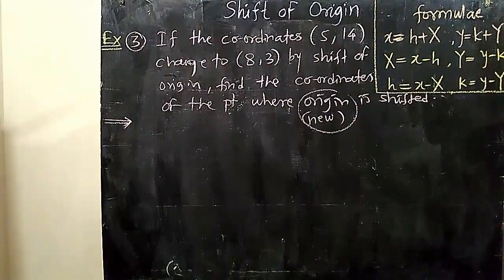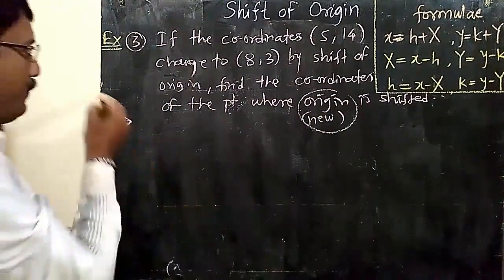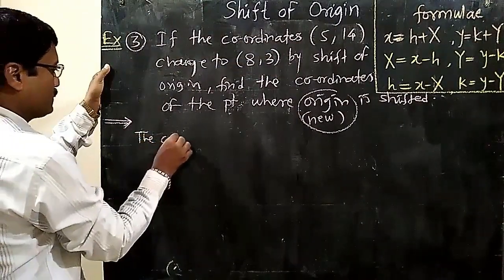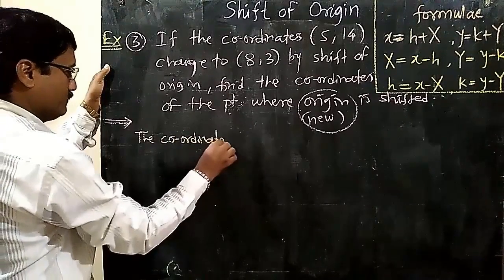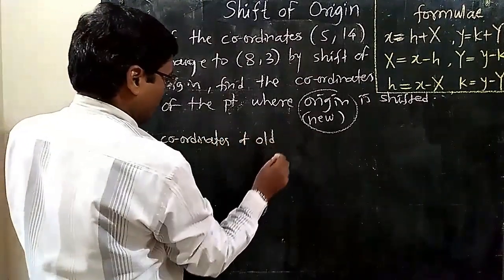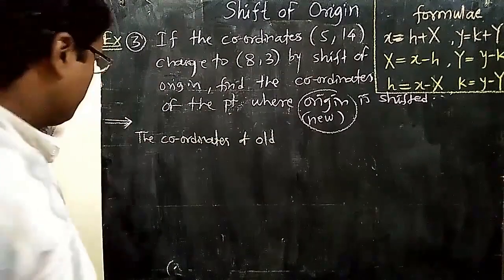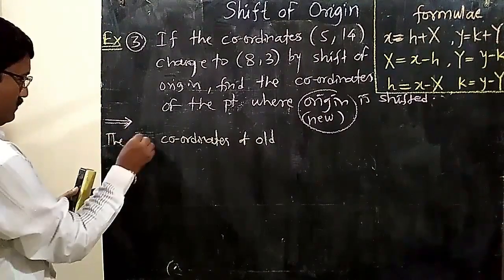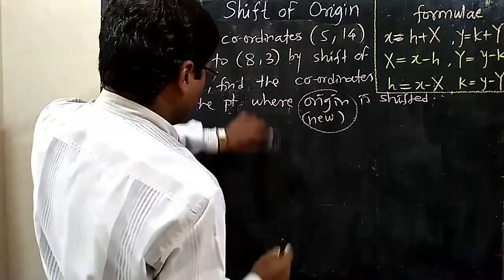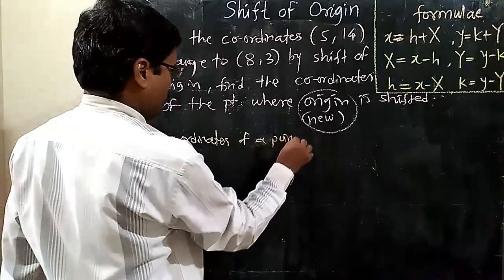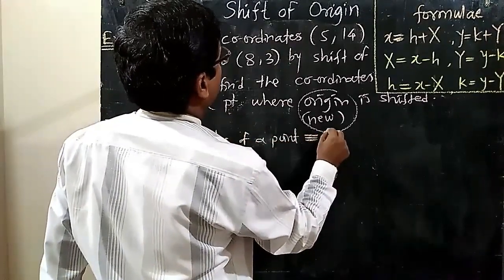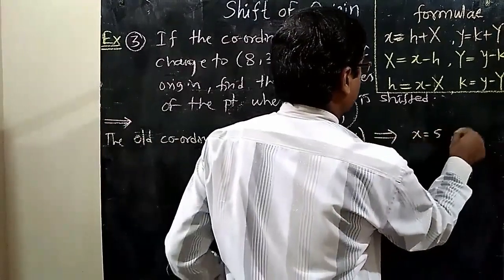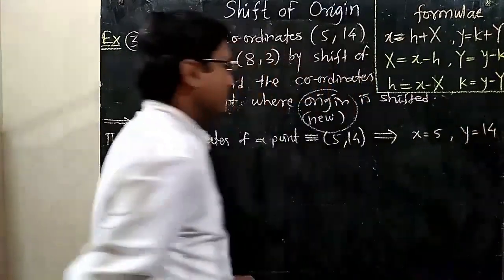Let us start in a similar way. Here we start with the coordinates of the old point and new point. The old coordinates of a point are given as 5, 14. It implies x equal to 5 and y equal to 14.